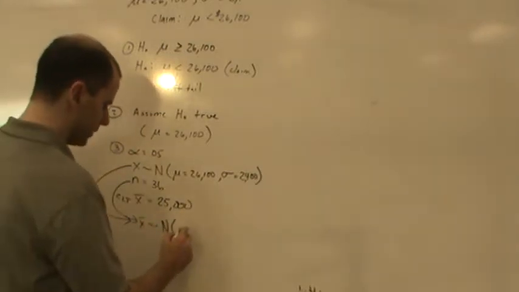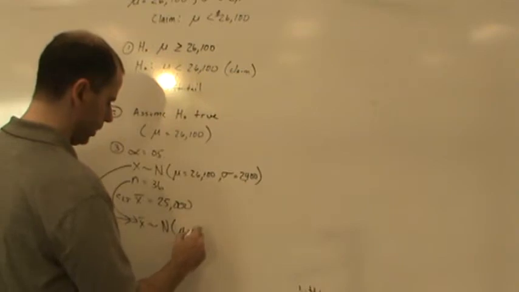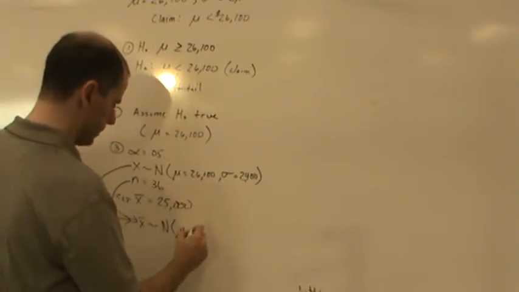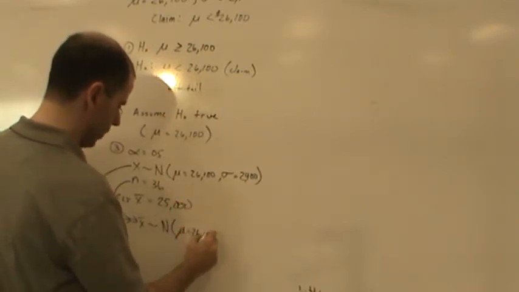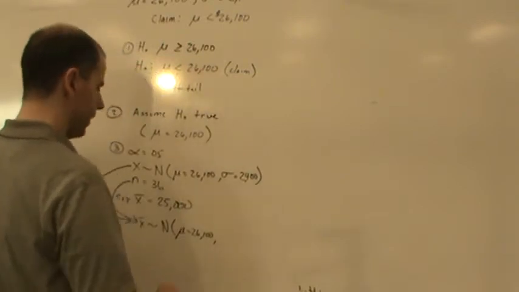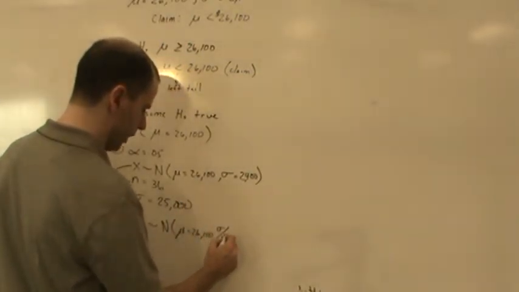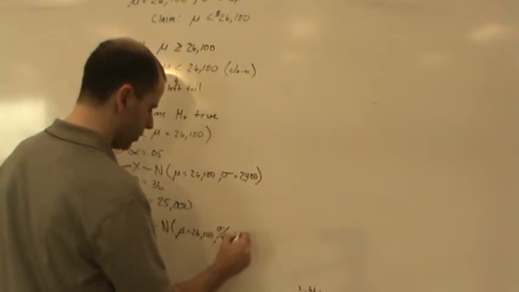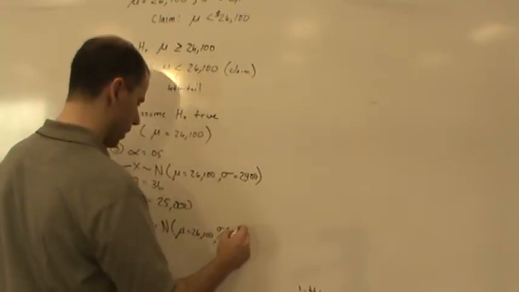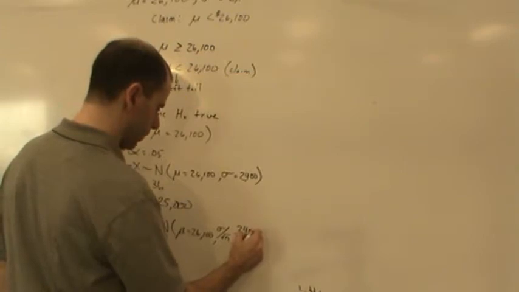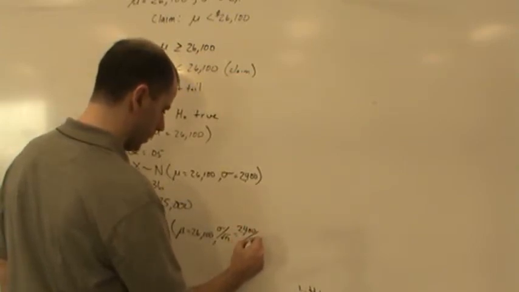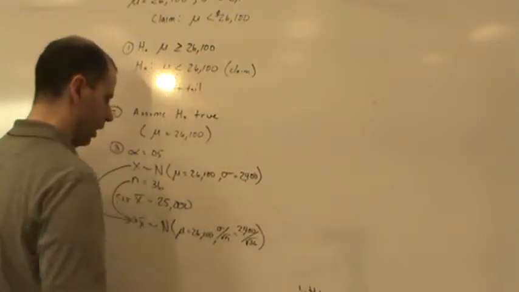And of course, the mean is going to be the same. Mu is equal to mu naught, which is $26,100. And the standard deviation, though, is going to be sigma divided by the square root of n, which is going to be 2,400 divided by the square root of 36.